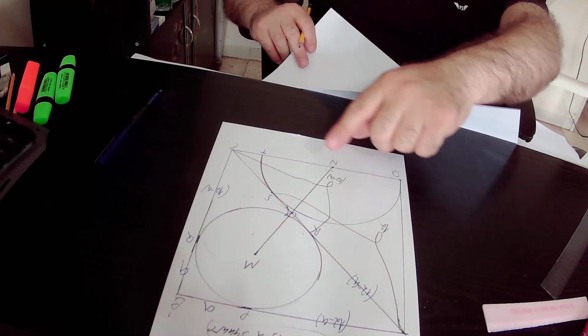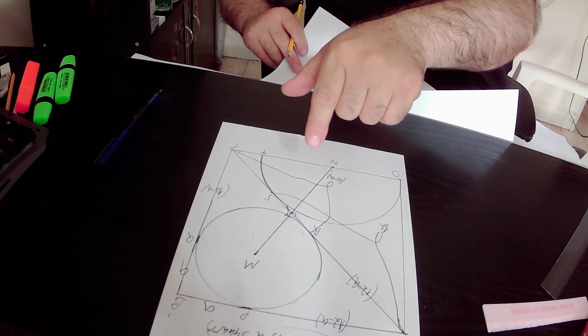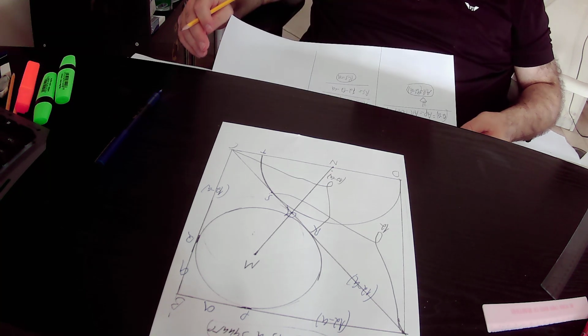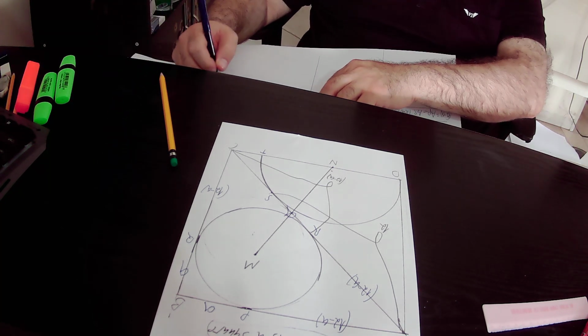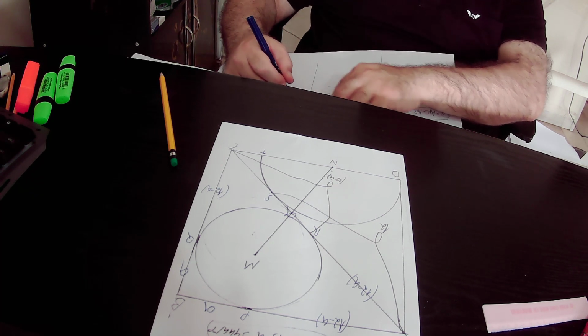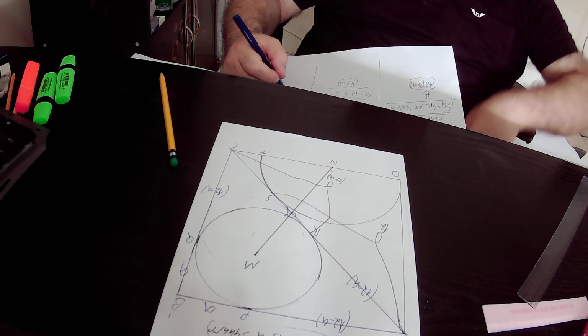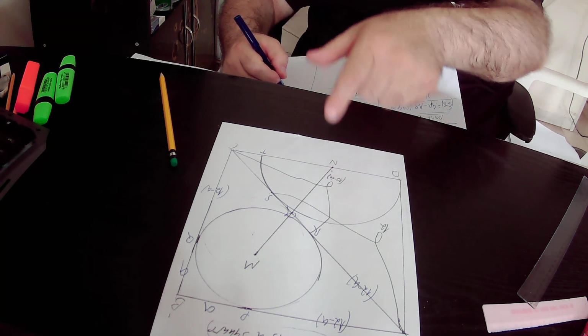So if CR is equal to 12 minus A, then what will be the length of line segment SC? The length of line segment SC will be equal to RC minus RS.